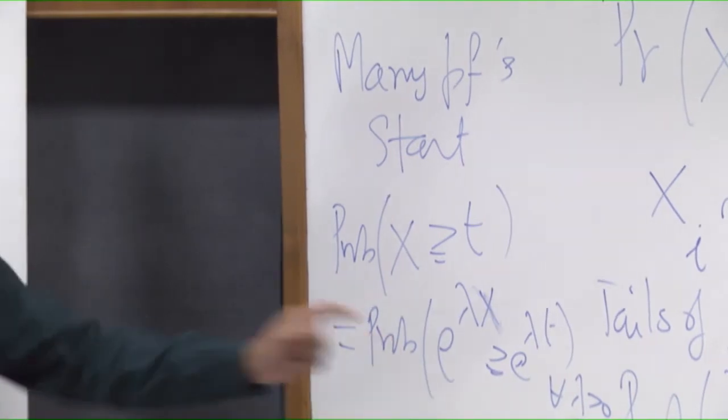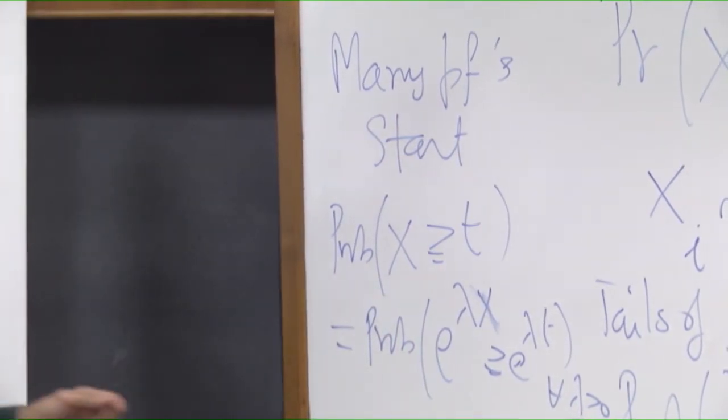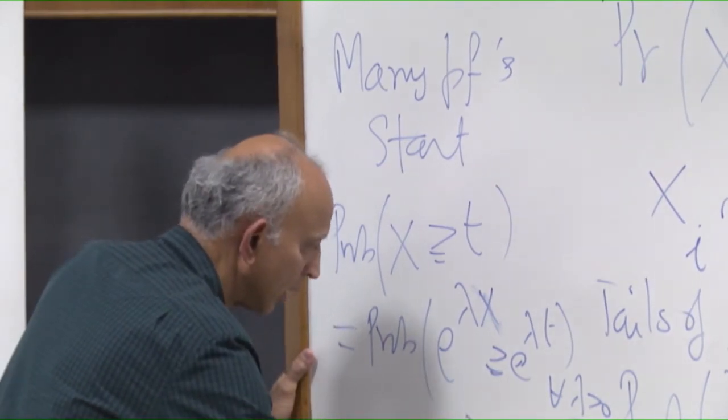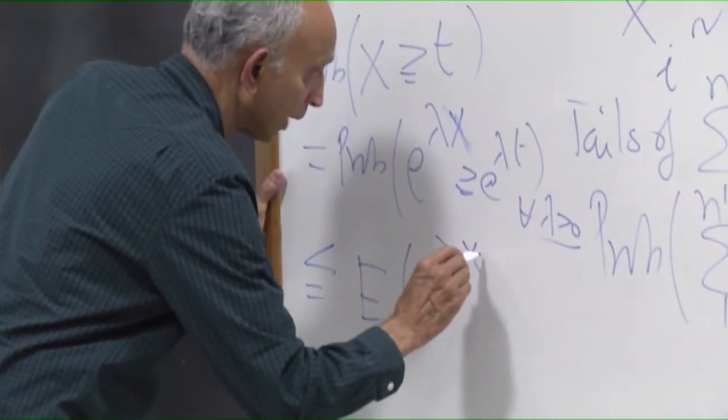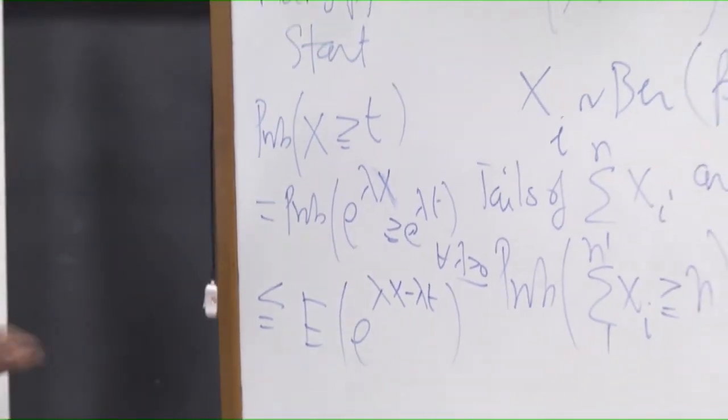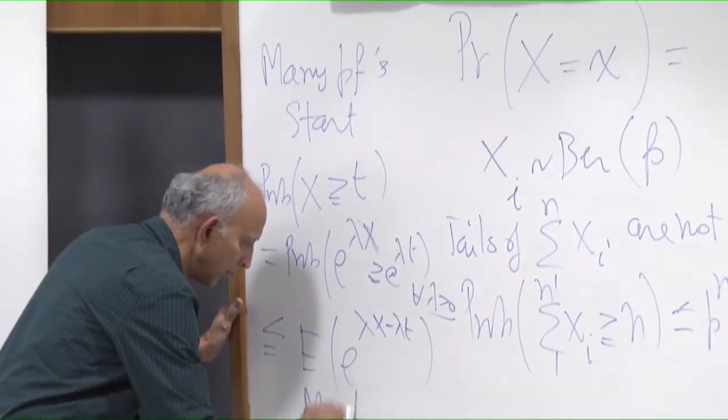This is true just because the exponential function is monotone. This is less than or equal to the expected value of e to the lambda x minus lambda t. This is Markov's inequality, right?